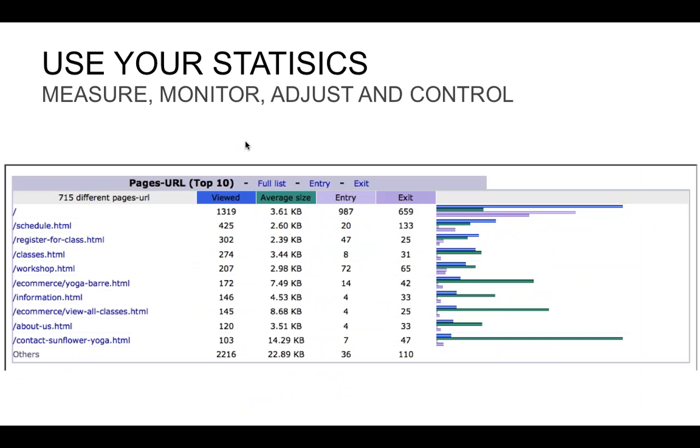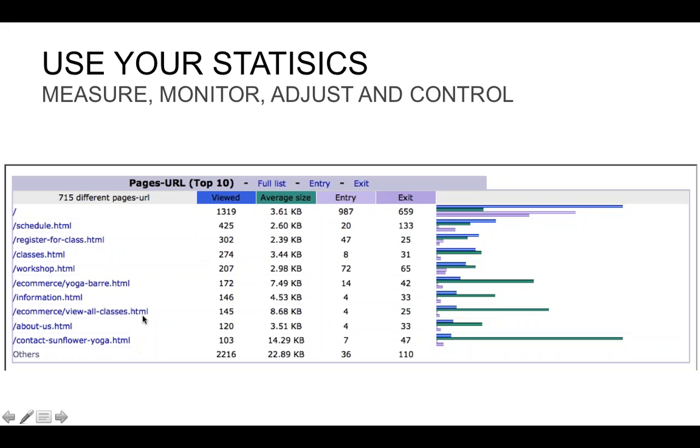What I love here is the pages that are viewed. So this gives you the statistics for the different pages on your website and how many people are viewing those specific pages. So you can see here that the biggest viewed pages are the schedule and the register for classes page. The lowest engaged one was contact. Interesting, right?